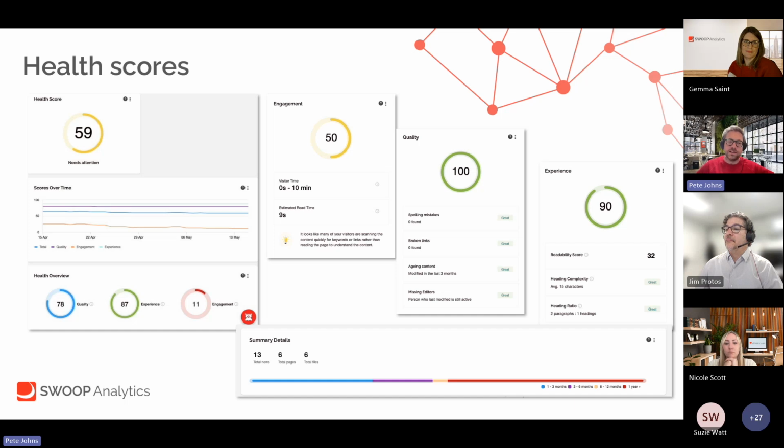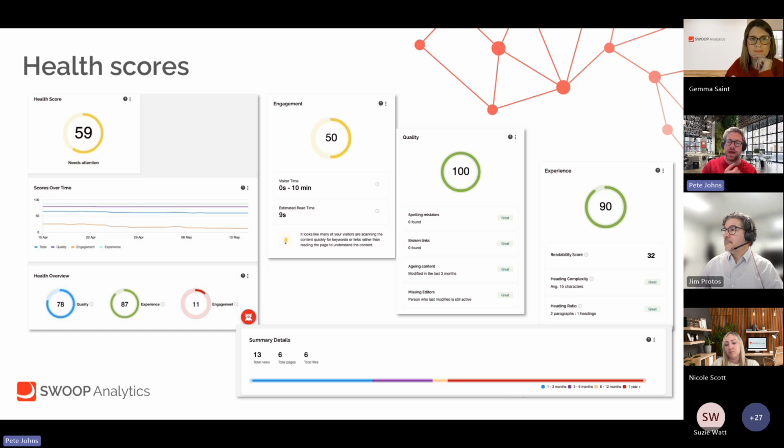And these health scores, I think, are one of the things that really light my fire, because what SWOOP can do is we've built a tool that does a lot of automated analysis of every page on your intranet, and it will tell you how's the engagement.